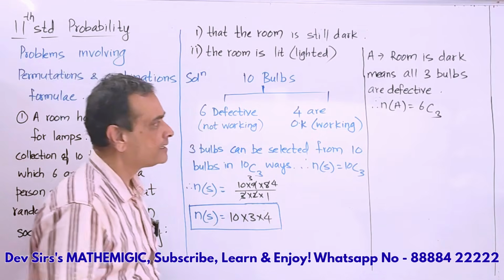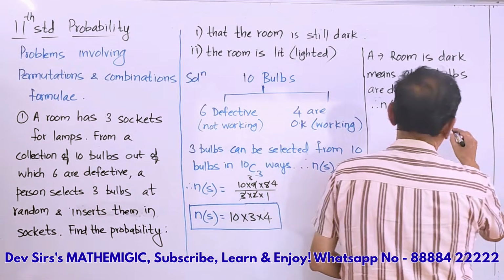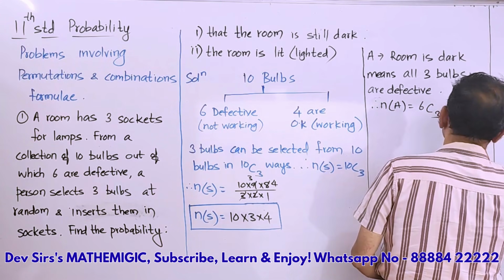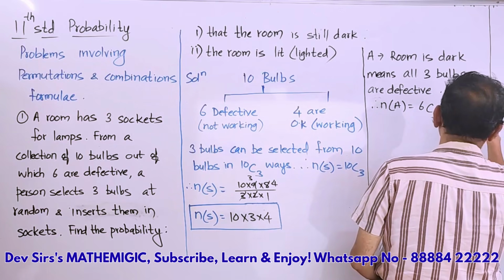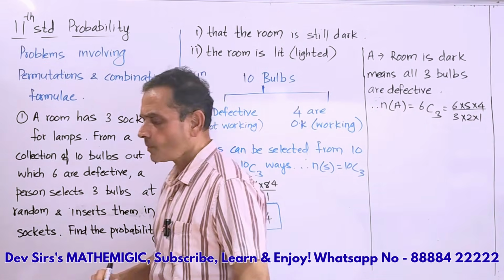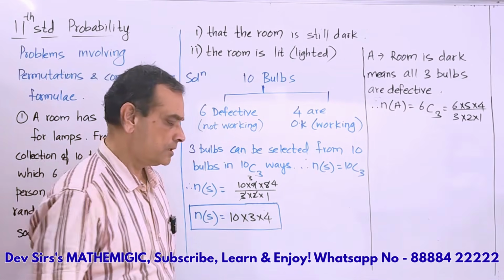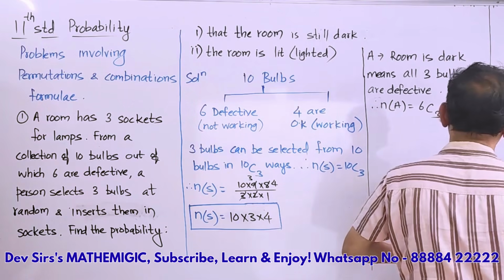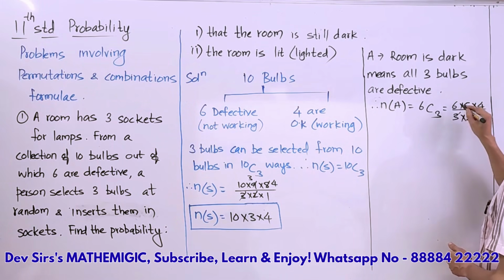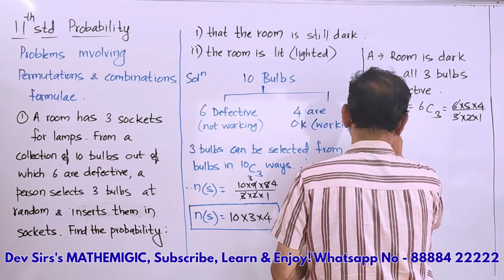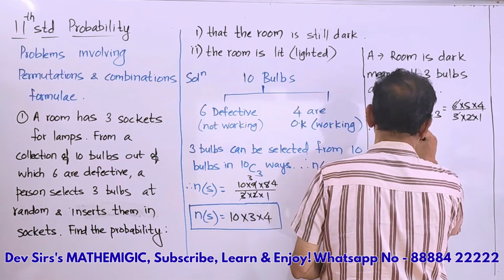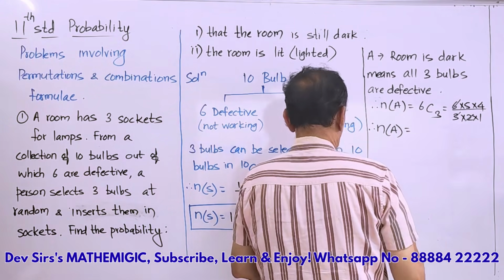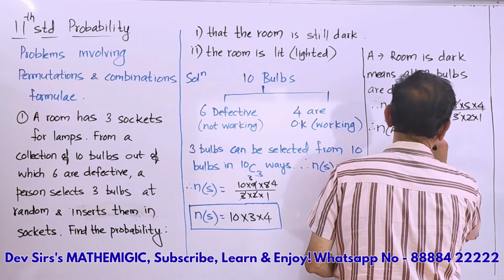So 6C3 we have learnt in combinations actually. 3 into 2 into 1, 6 into 5 into 4. Three twos are 6. Five into 4 is 20.